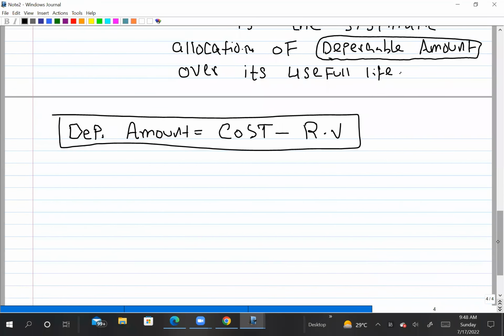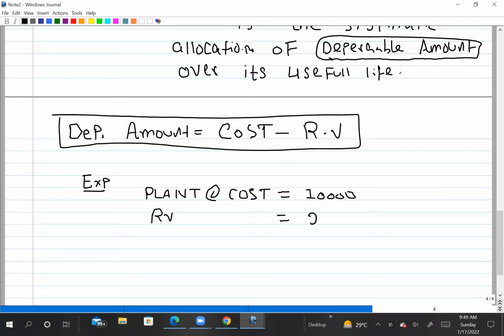Now, for example, we have a plant at the cost of $10,000, and the residual value is 2,000, and useful life is 4 years.